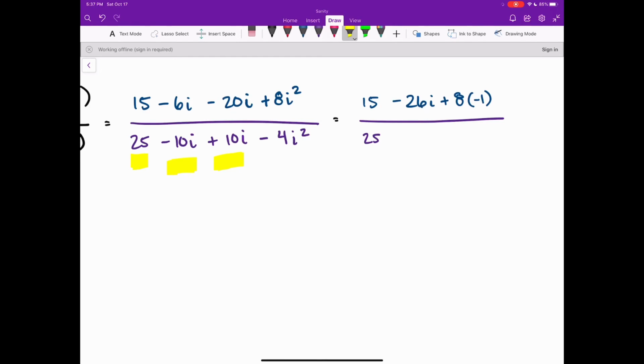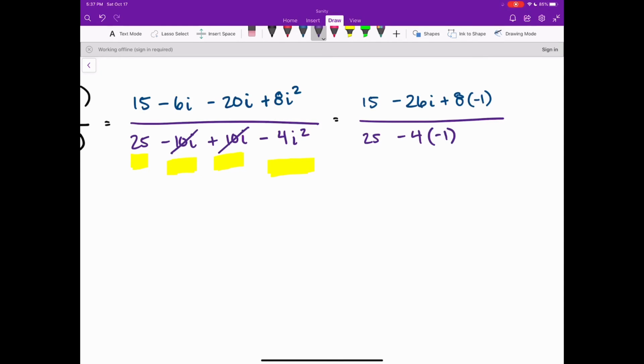They're going to cancel, right? So boom, that already gets rid of the imaginary part in our denominator. And all we're left with is the negative 4i squared, which again, negative 4, and the i squared is really just negative 1.